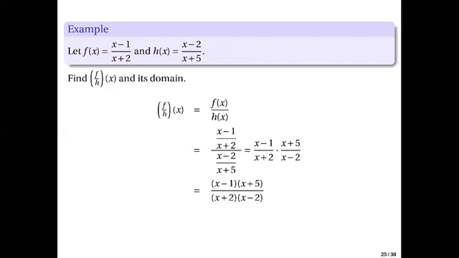Okay? So again, let me write here domain of f. It's the set of real numbers except -2. Domain of h, it's the set of real numbers except -5.